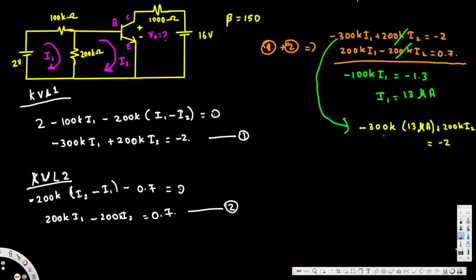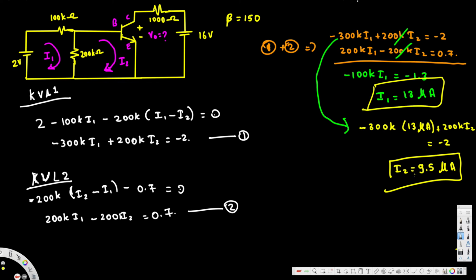Now if we simplify this one, I2 is equal to 9.5 microampere. Okay, we have solved for I1 and we have solved for I2, and then to solve for I3, let's put a path along like this.